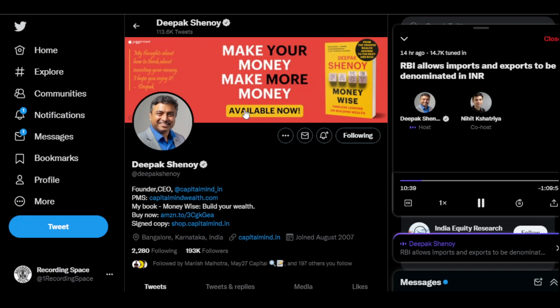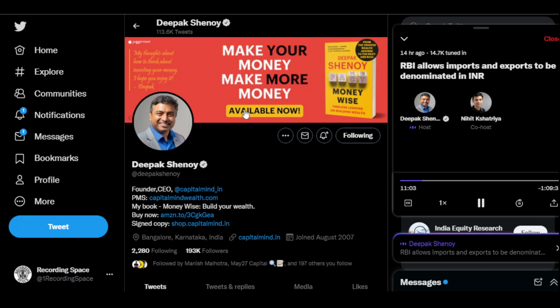RBI said Indian banks can be correspondent banks. That means a Russian bank can open an account in an Indian bank. Iran has also said that they want to do everything in the rupee, not in the dollar. So an Iranian bank can open an escrow account in an Indian bank, say SBI, and in that account they can hold rupees.